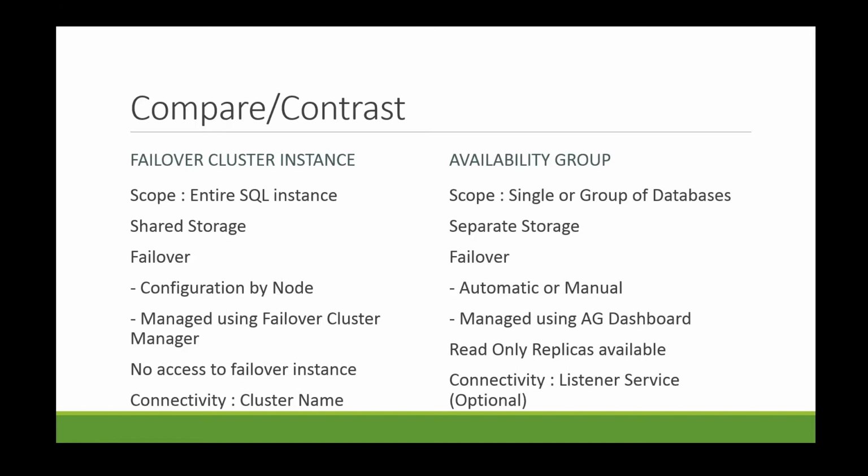Okay, so if you have synchronous replicas, you can have automatic failover. If you have asynchronous replicas, it's a manual failover process. Okay, these options are all managed using the availability group dashboard, and we'll take a look at that in just a few minutes.